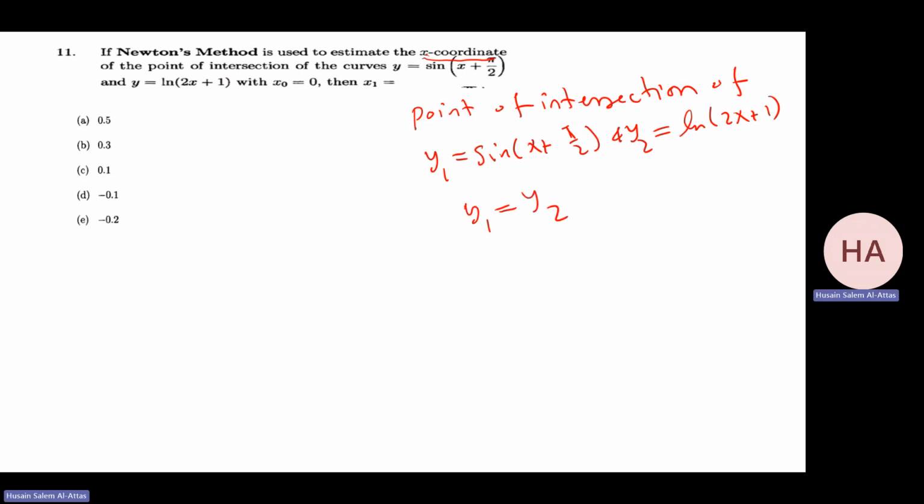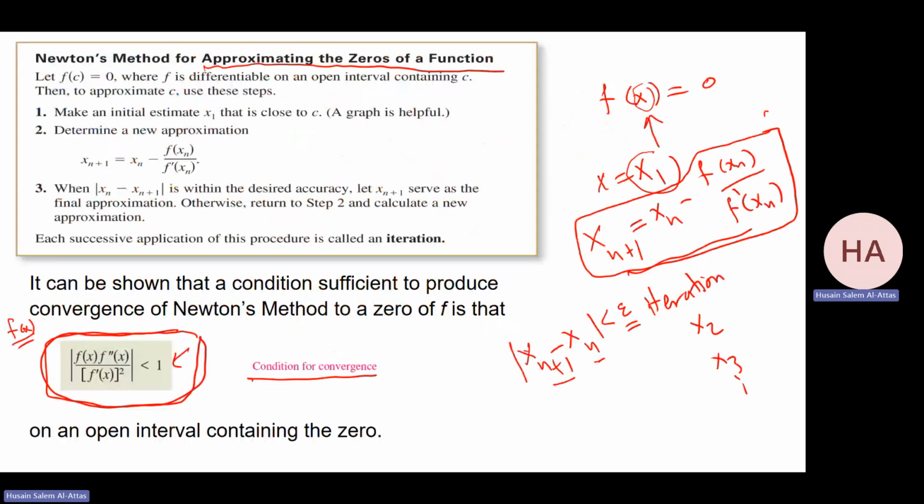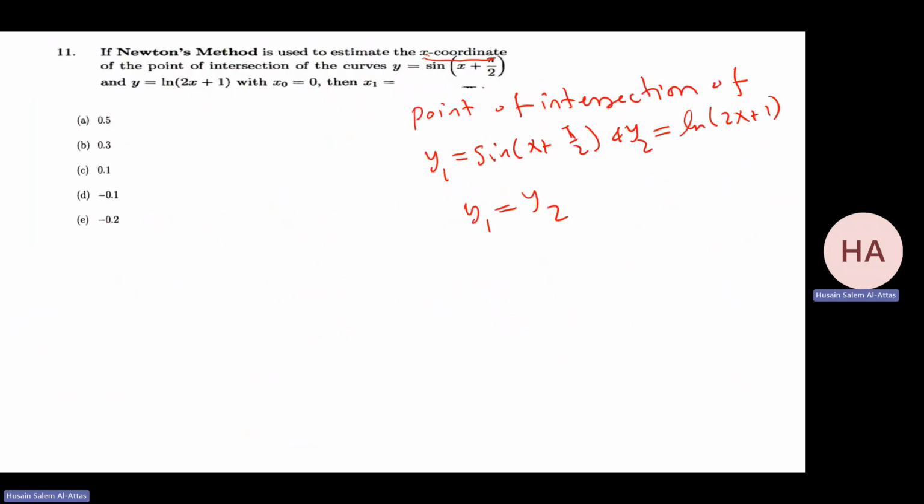Don't forget, to use Newton's method, I always need to find something equal to 0. So what I will do, either I take y1 to this side or y2 to this side. So I have y, which is y1 minus y2, equal to 0.